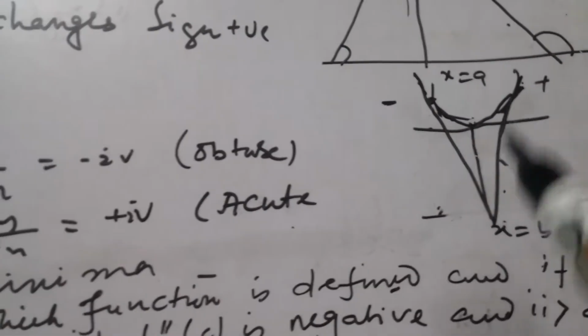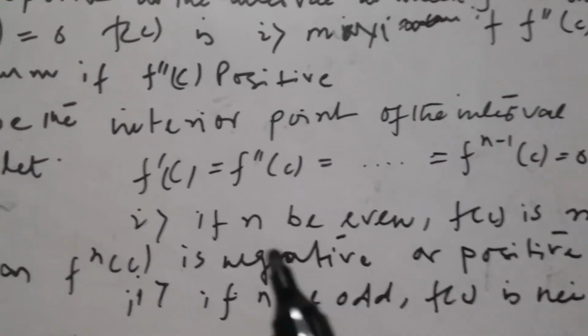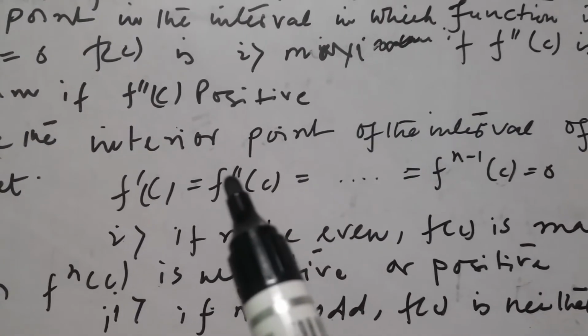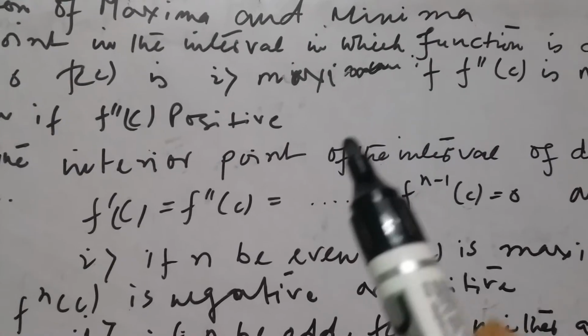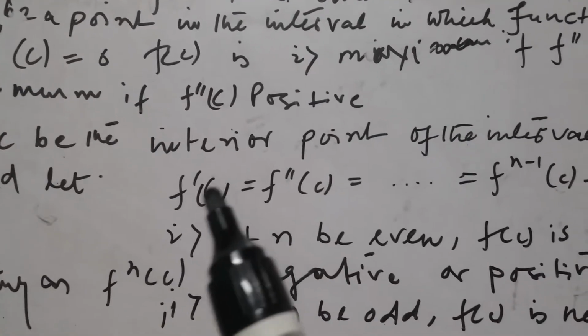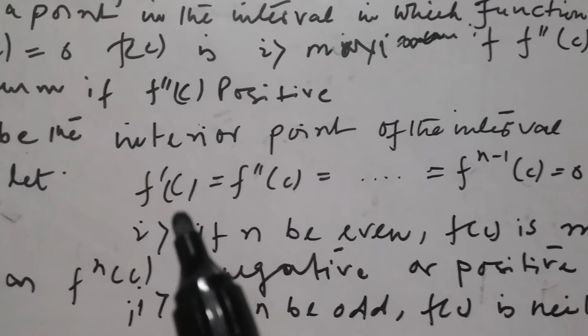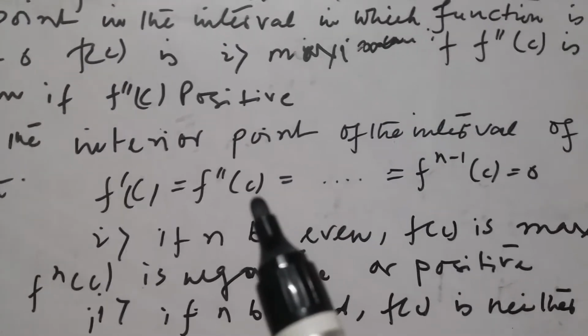If f double dash x is positive, then f(c) is minimum. And in case f double dash is neither positive nor negative, then you can differentiate more, f dash c, f double dash c.